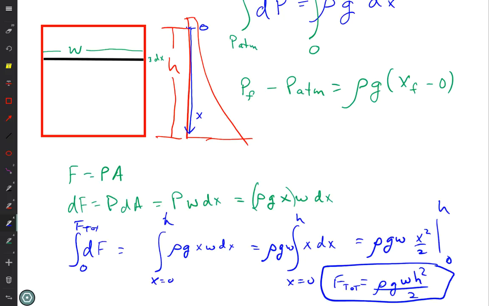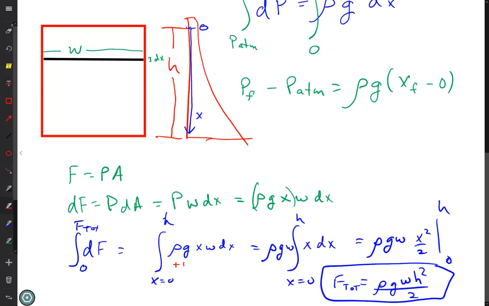So we're able to calculate the net force caused by pressure. What would be different if I had used the absolute pressure to get the total force? I would have had plus pressure atmosphere. All right, let me change color.